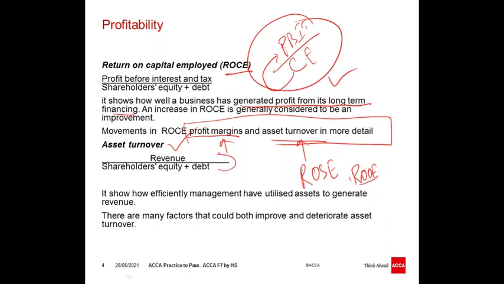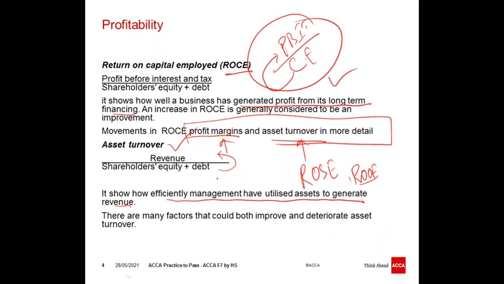You want to see the revenue that you are generating based on the investment that you have made in the company. So it shows how efficiently management have utilized the assets to generate the revenue. So actually, it is measuring the management's performance to improve the efficiency of the resources.